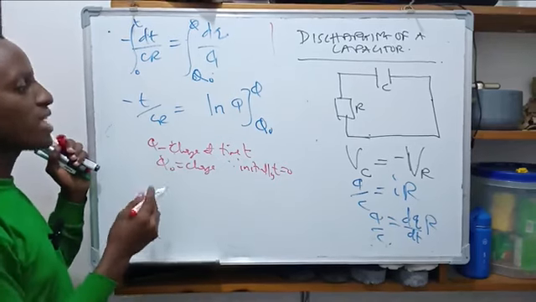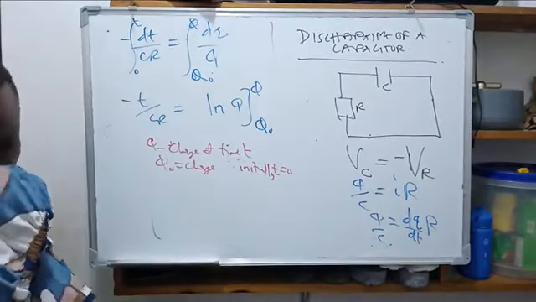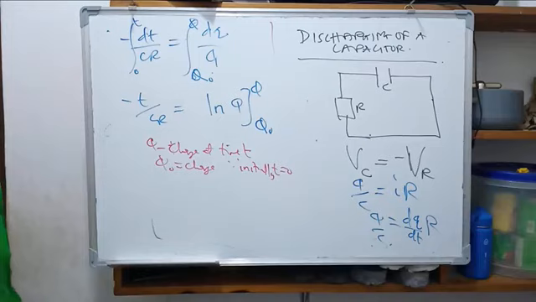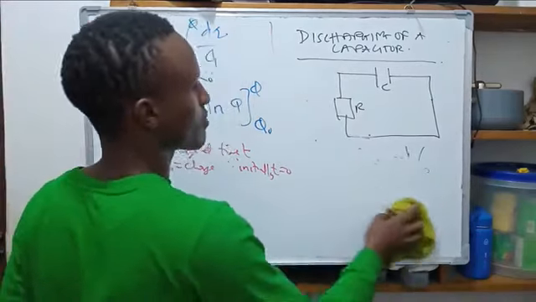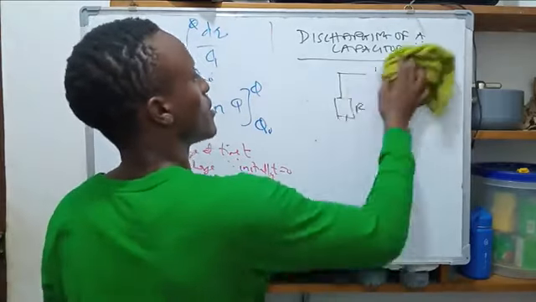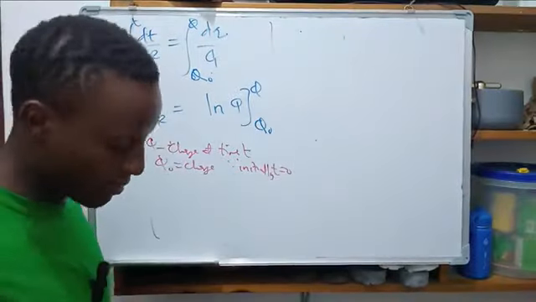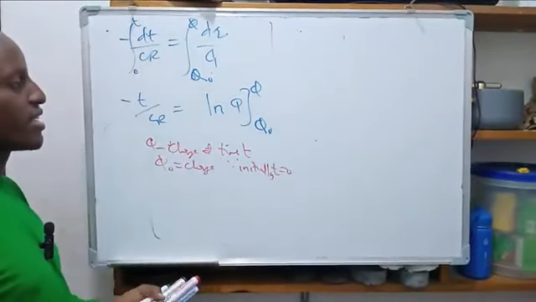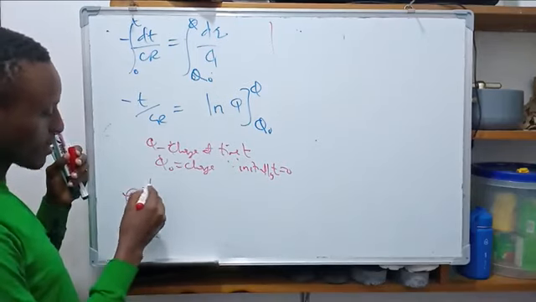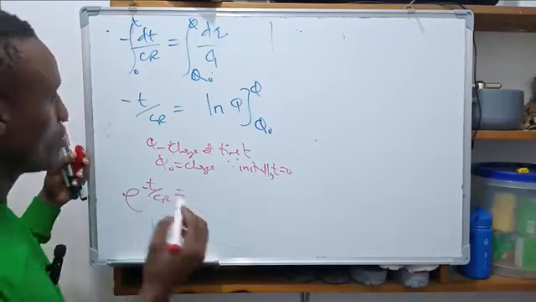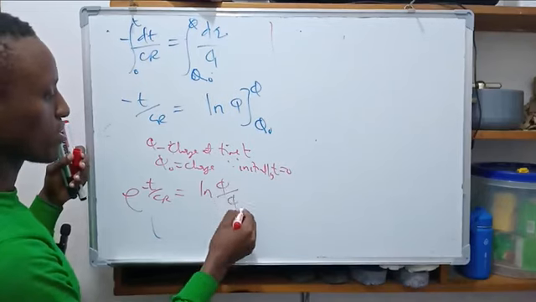So negative t over CR is just equal to ln of Q over Q naught.